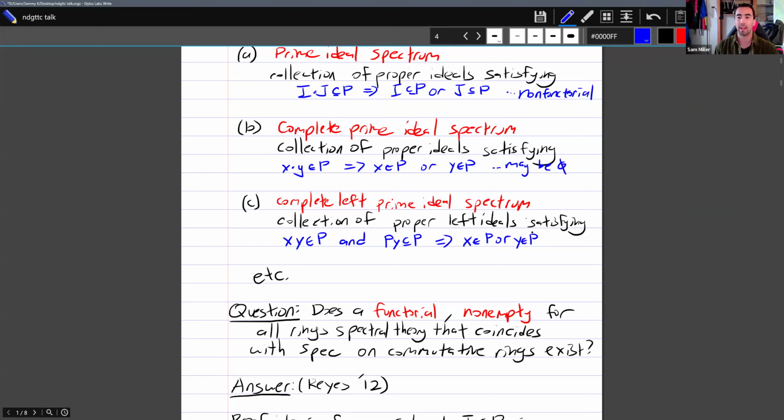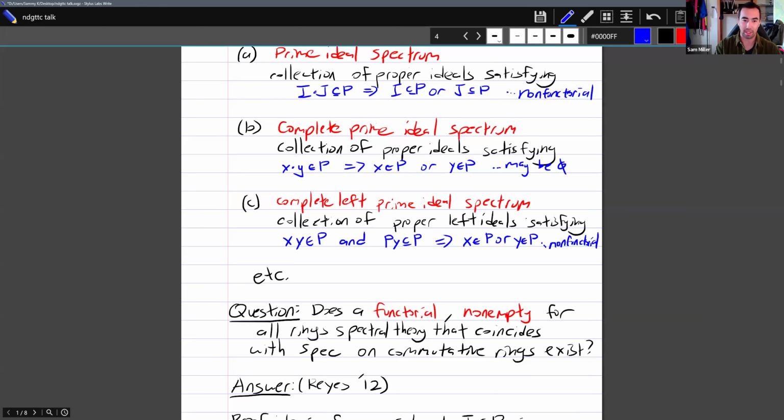One thing that's nice here is that all maximal left or right ideals are necessarily completely left or right prime. But again, this little condition here makes things non-functorial. But by what I just said, we also have that this complete left prime ideal spectrum will be non-empty.